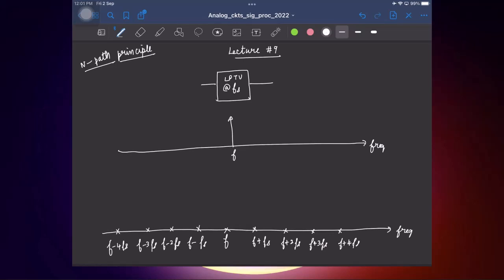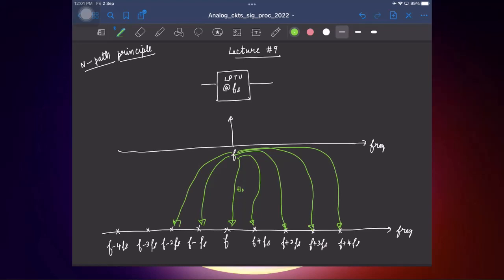So what is the harmonic transfer function that governs this frequency translation? H0 of F, right? So I'll just write it as H0, and of course this is H1, H2, H3 and H4. Similarly you have H minus 1, minus 2, minus 3 and minus 4.